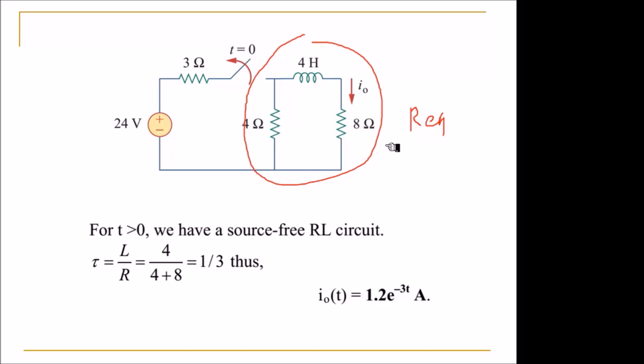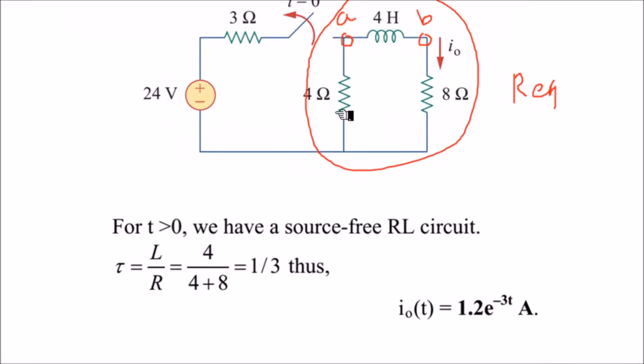So how do you find the R equivalent? Across what terminals? You need to find the R equivalent across the inductor terminals. Assume you have an inductor here and the terminals are A and B. What is the equivalent resistance across terminals A and B?